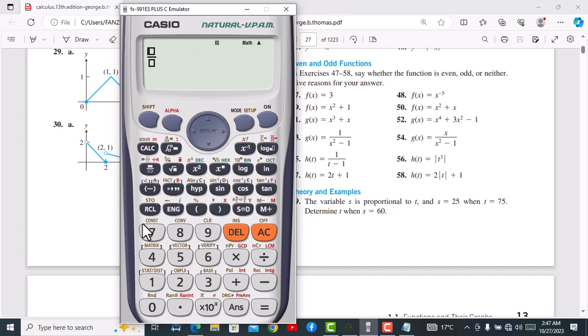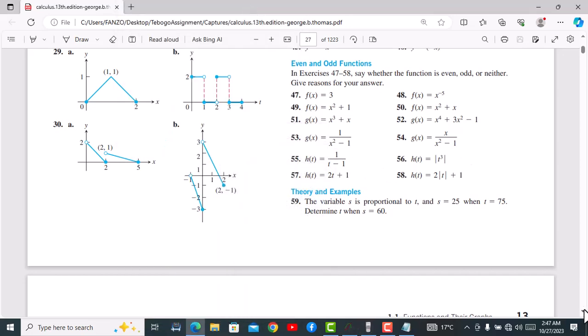So you have x, let's substitute minus 10, and we divide that by minus 10. That is a squared minus 1. So this function is odd, and so on and so on. Okay, that's fine.